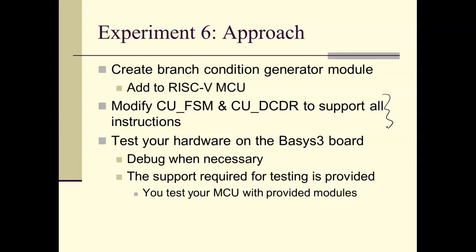You have about 35 more to do, or something like that, and then once you get all those implemented, you're going to test it on your board. Now, I always hope that when you do this, it just magically works the first try, but in case it doesn't, you're going to have to debug it. And so whatever the notion here is, we provide all the support files for you, and provide a lot of everything so that you can debug it yourself.